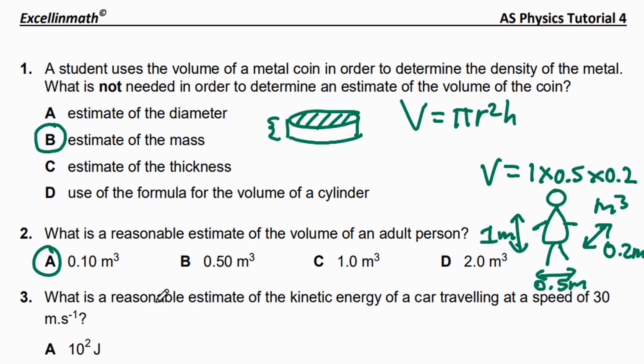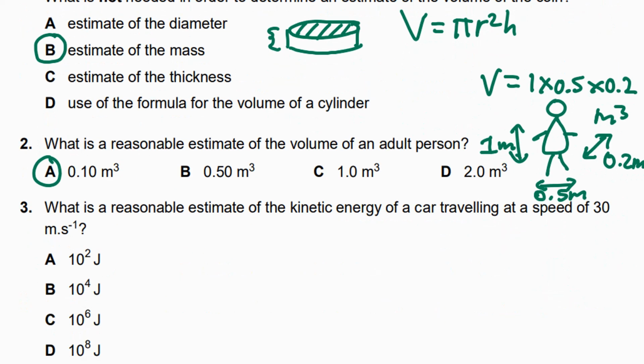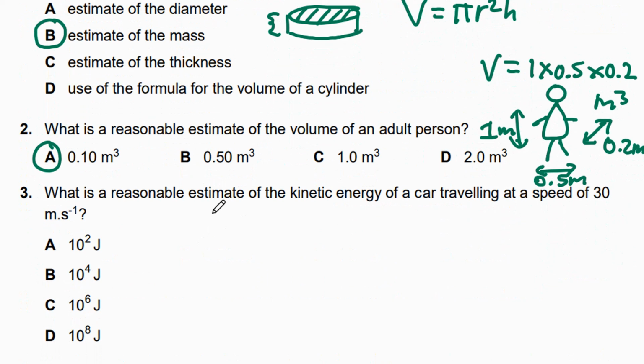Let's look at 3. It says, what is a reasonable estimate of the kinetic energy of a car traveling at the speed of 30 meters per second? So here we need to know the formula for the kinetic energy of an object. It's a half mv squared.